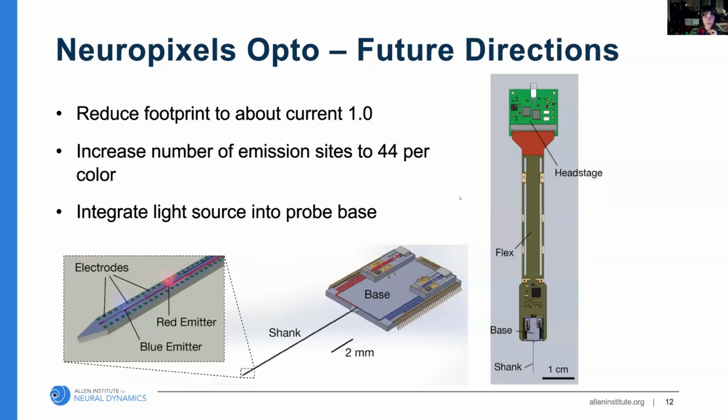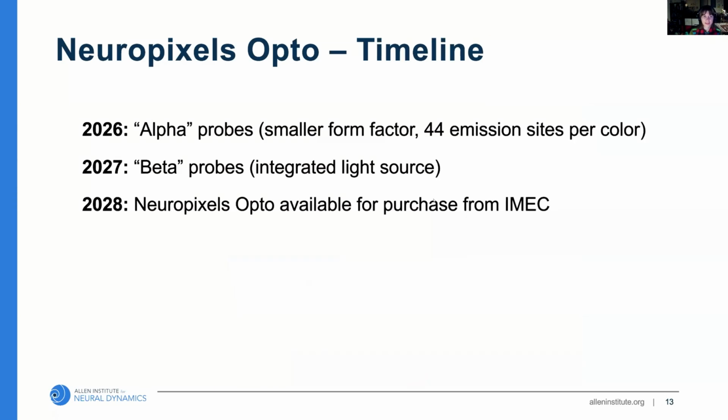But future Neuropixels Opto probes will reduce the footprint to be about the same size as the current 1.0 probe. So it would be feasible to use these probes in higher numbers, higher densities, to both optotag and do optogenetics experiments across a broader variety of brain regions. Sorry, it was 44 sites per color.